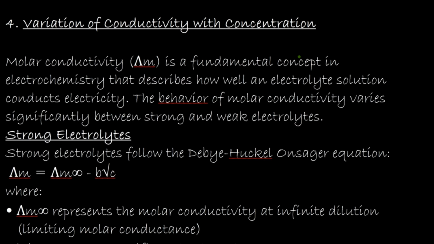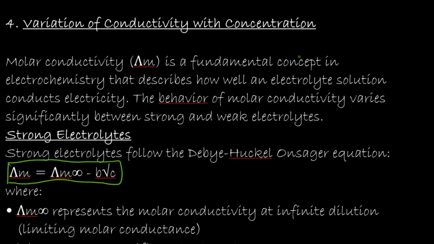So how the conductance varies with the concentration. The first one is molar conductivity. How strong electrolytes change can be defined by the Debye-Huckel-Onsager equation. This equation is super important.